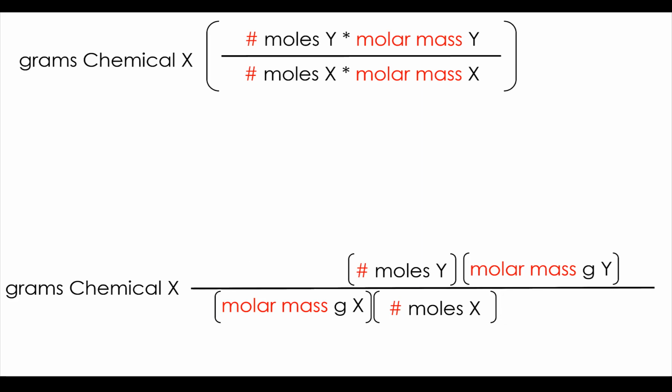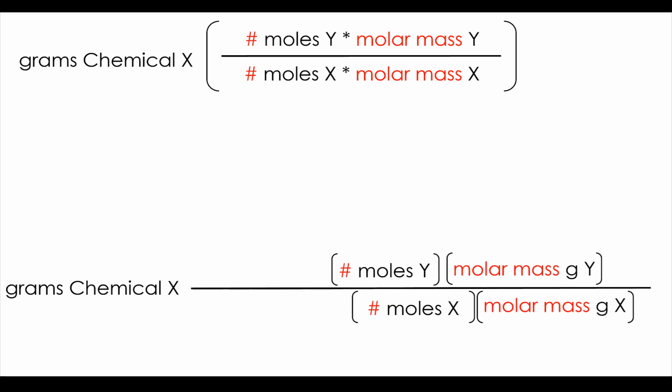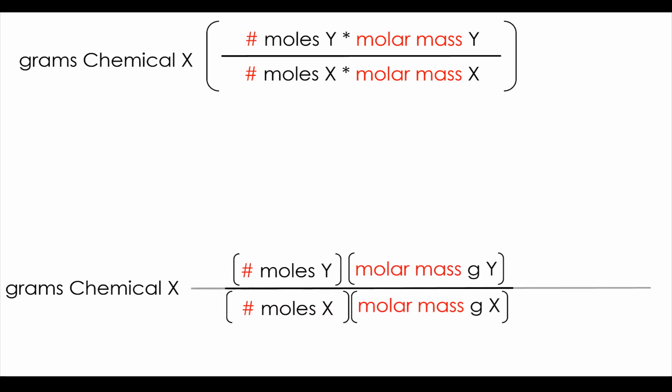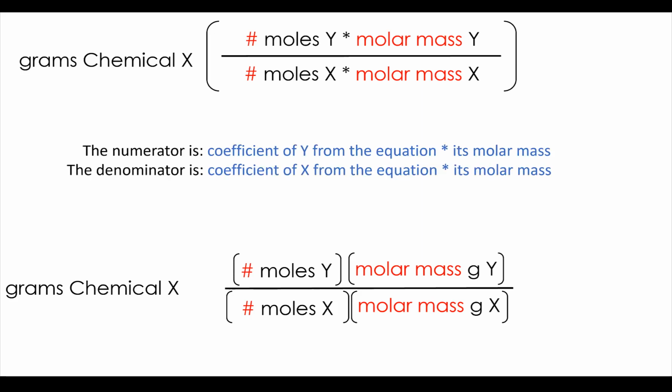Let me just do some shuffling to make this look the same. Bring this over, and then make the fraction smaller. Okay, boom. On the top, we had the gram ratio. On the bottom, I rearranged this 3-step stoichiometric process. And the numerator of both of them is the coefficient of y times its molar mass. And the denominator of both of them is the coefficient of x times its molar mass. So these are the same.